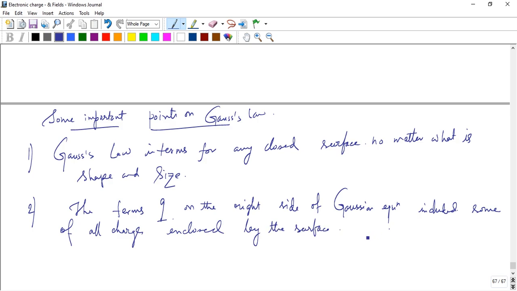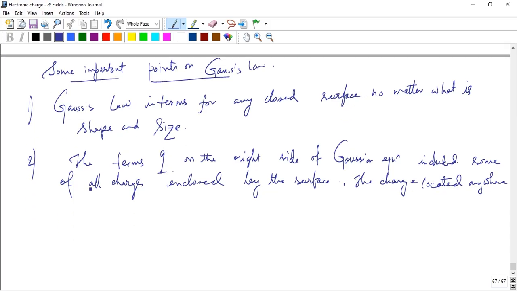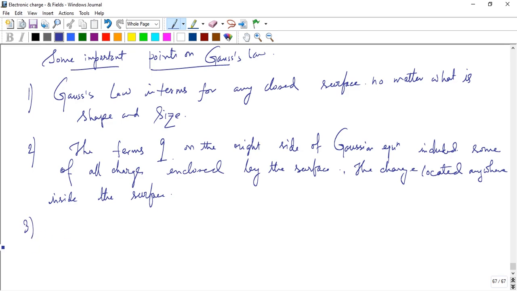The charge may be located anywhere inside the surface.